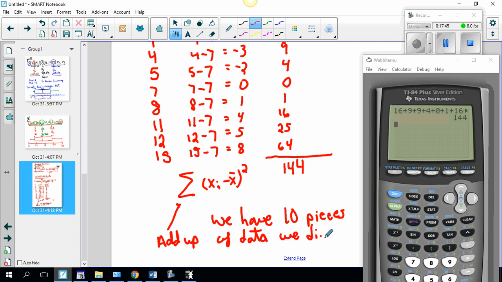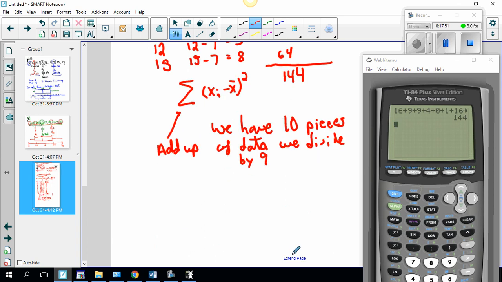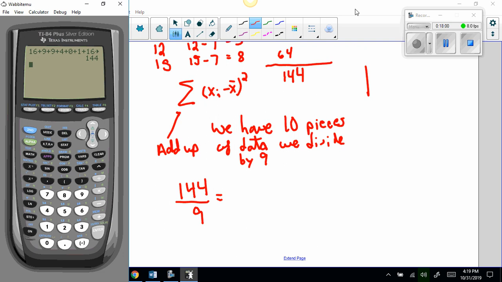We divide by 9. So we take that 144 divided by 9, you get 16. Unreal. This is a perfect problem. I don't think I could ever make this up again.